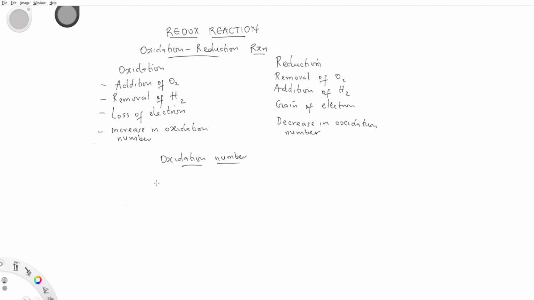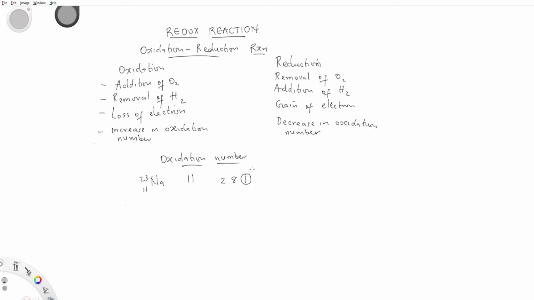Let's say, for example, what's the oxidation number of sodium? Firstly, what is the atomic number of sodium? Sodium is 11, isn't it? So the atomic number is the number of proton. Let's not make a mistake, the atomic number is the number of proton, not number of electrons. So the atomic number is 11, and if you configure it based on the noble gas configuration, we have 2, 8, 1.